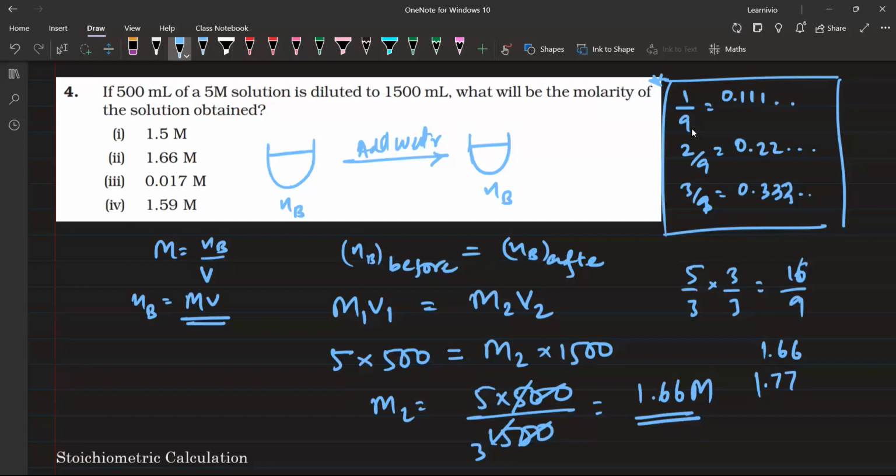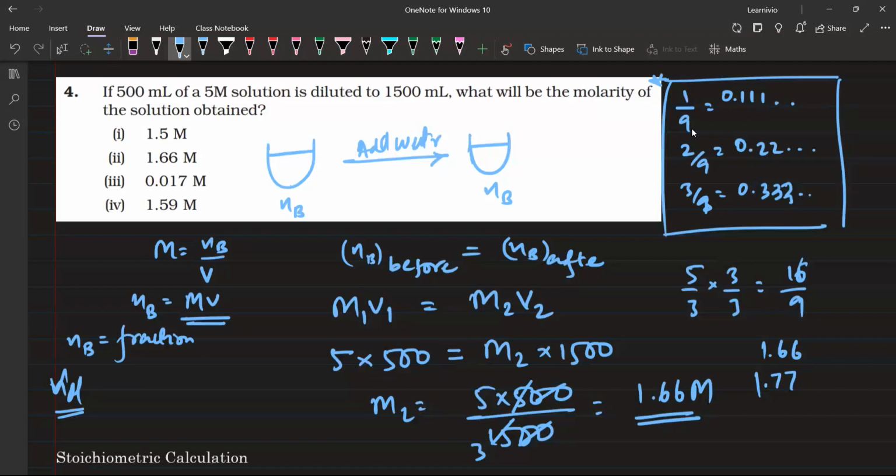And one more suggestion regarding the solving of numericals is that, for example, if you have to calculate number of moles first, and then you have to calculate volume or mass, then when you have number of moles, please keep it in fractions and don't divide it to get decimals. You have to get the decimals only for the last answer.